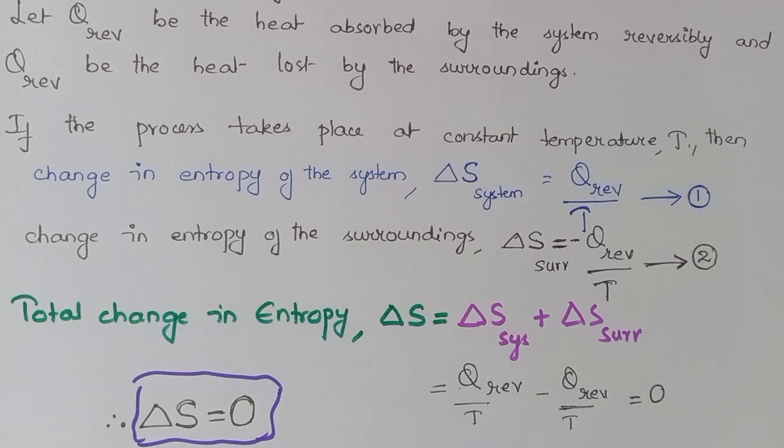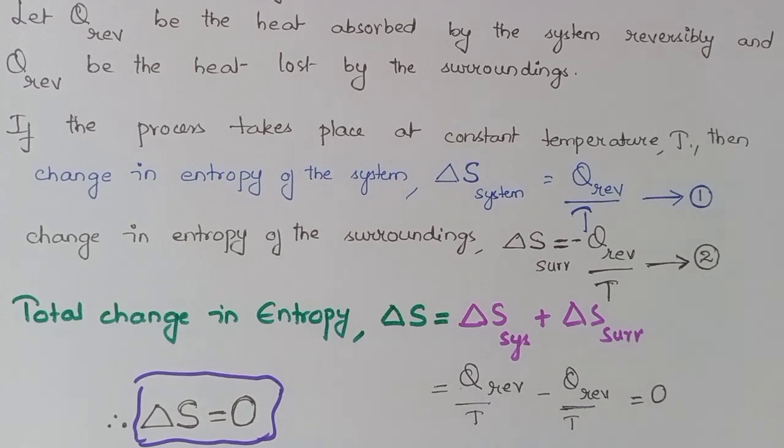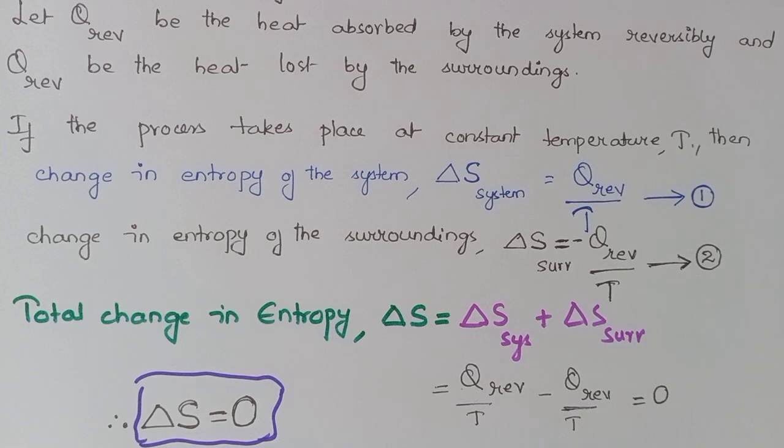So, how is delta S 0 in a reversible process? Hope you understood, students. At the end, you write down: thus, net change in entropy of a system and surroundings in a reversible process is observed to be 0, brackets, delta S is equal to 0, close the brackets, that is, it remains constant.